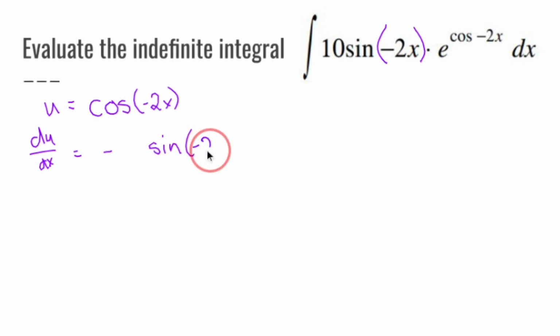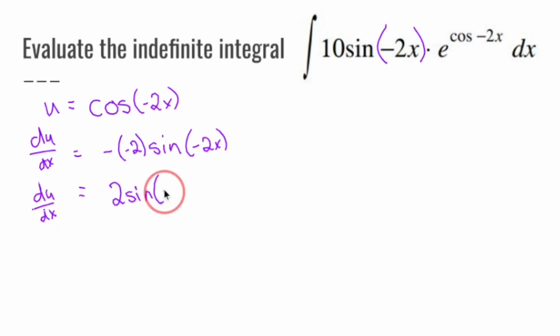Keep the inside stuff, but multiply everything by the derivative of the inside stuff. So the derivative of the inside stuff is going to be negative 2. So I have a double negative going on here, which I'm just going to say du dx is going to equal 2 sine negative 2x.